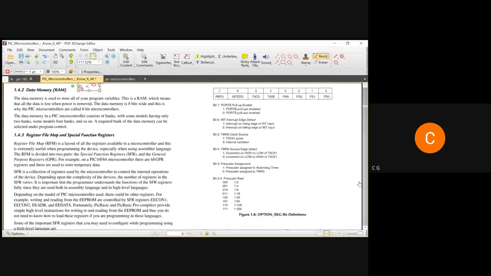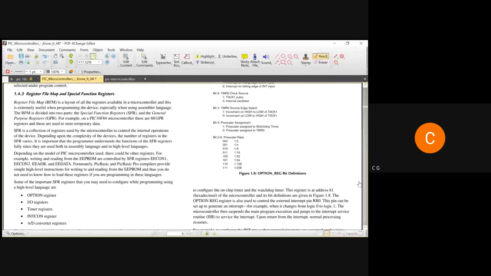Register file map and special function register. So the register file map is like a graph paper, divided into many square blocks, 1 mm by 1 mm, or a little bit bigger, 1 centimeter by 1 centimeter.